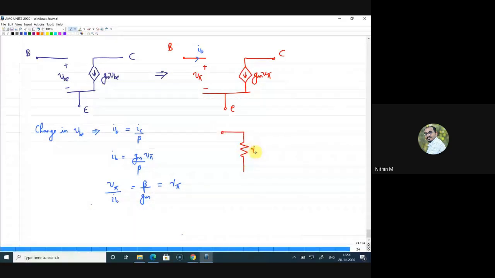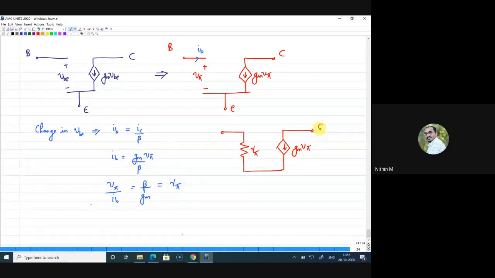The resistance value can be called R pi, and here the control source can be written as GM V pi. This is the collector, this is B, and this is the emitter, right? Now the voltage across this R pi, we call it V pi or VBE, right?